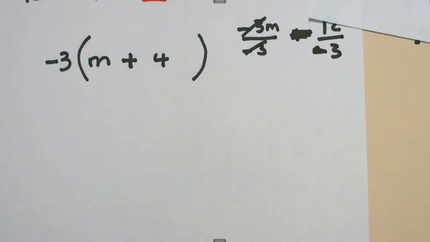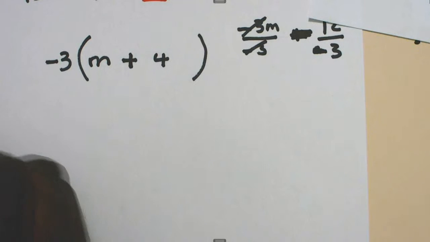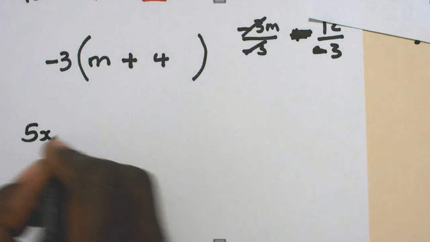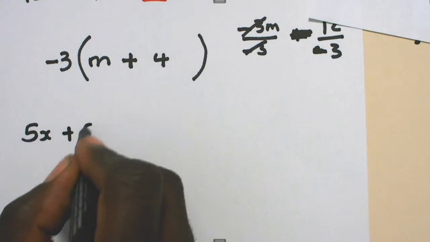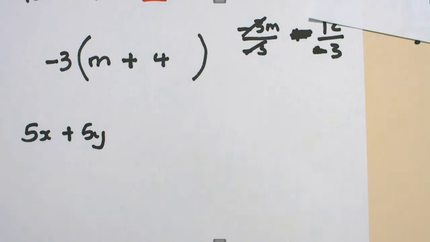Let's take another example, which could also be a level 1 question: 5x plus 5y. Remember the 3 procedures that you need to follow. The first one is to find the factors of the expression.